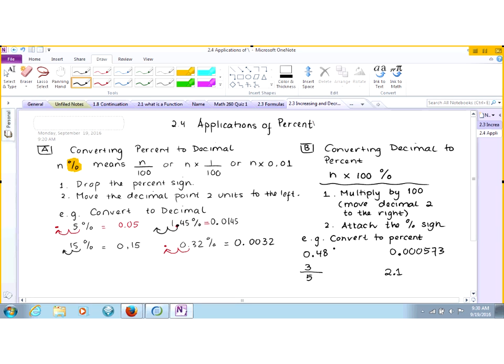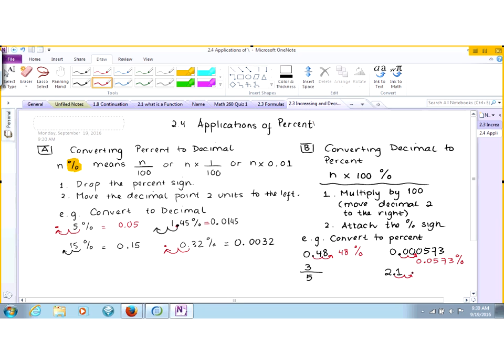Okay, so tell me guys, what do you do? So 0.48, move the decimal 2 units, so this is 48%. So multiply by 100, right? What about 0.00573? That's 0.573%, so two decimals to the right.